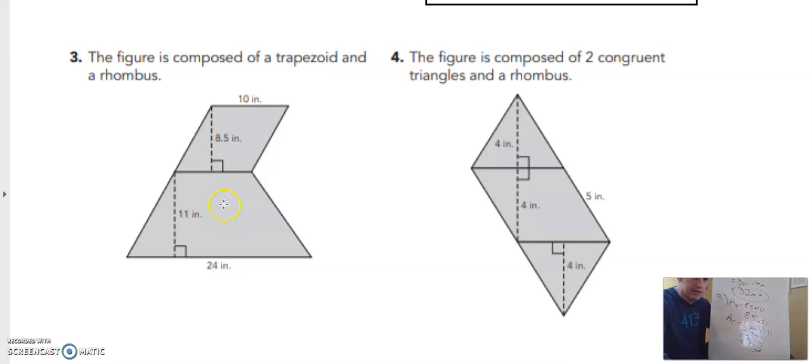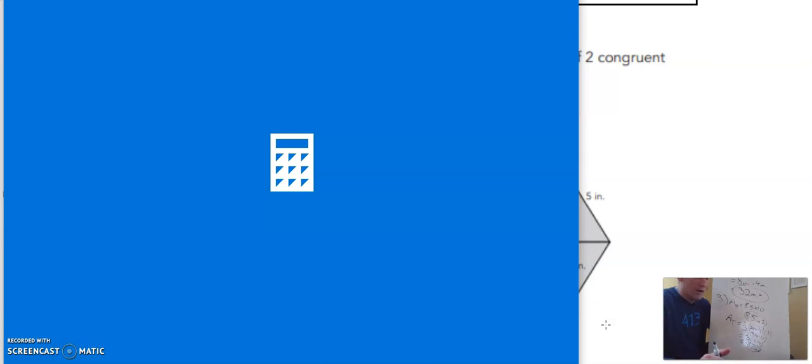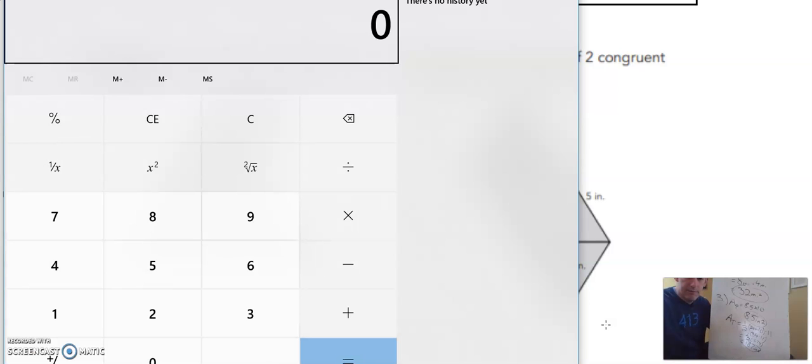So what do I need to do? I need to combine them. Let's bring that calculator back up because it's got one of our answers on it. Oh, what do you know? I didn't save it. Bummer. Oh well, we'll get it. So I've got 85. I'm going to add that to 187. And my grand total is 287.